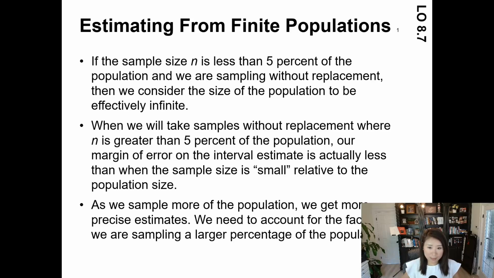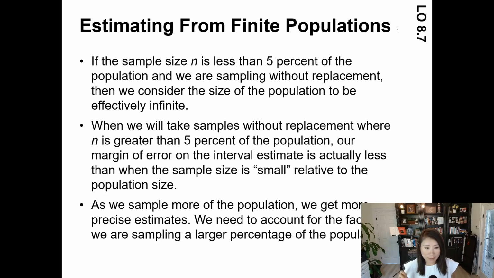Okay, you only surveyed 10. So 10 divided by 1,000 gives you 0.01, right? It will be 1%. So you only survey 1% of your population. So even if you do it without replacement, your sample is less than 5%, so you are facing an infinite population situation.